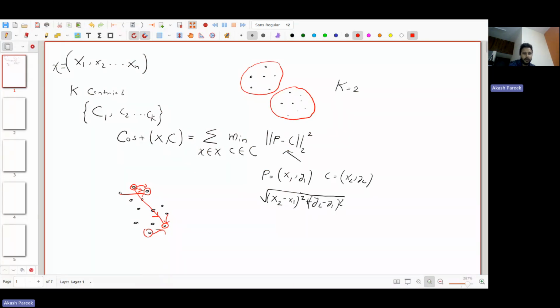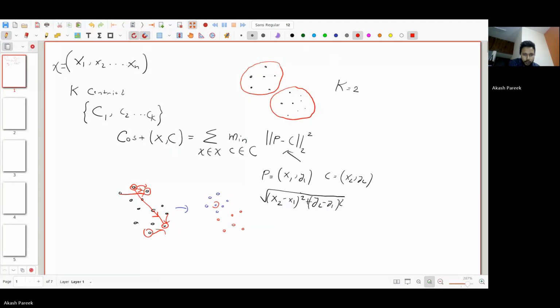After each and every point is assigned, suppose the assignment looks something like this. These are one set of points which are clustered into one, and these are a different set of points. This was in one cluster, this was in the other cluster. Now what you do is take the mean of all these values and find a center.